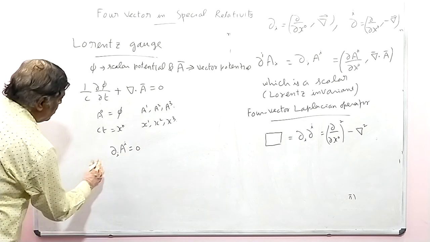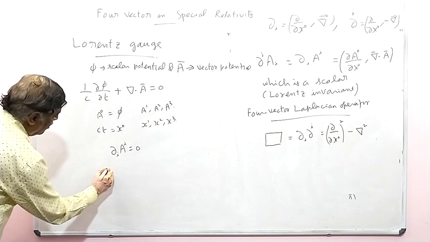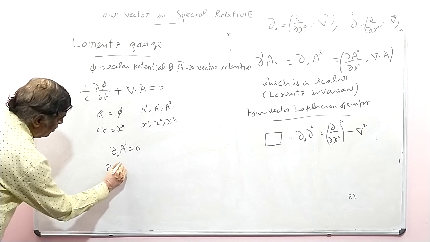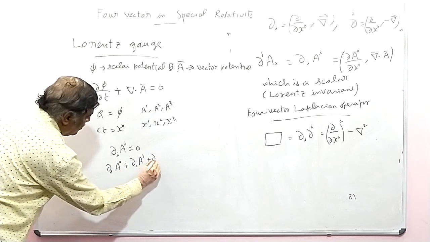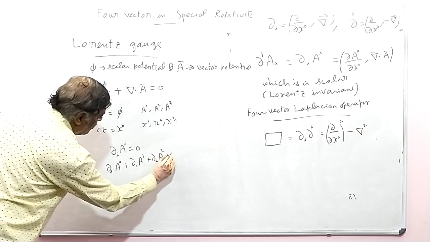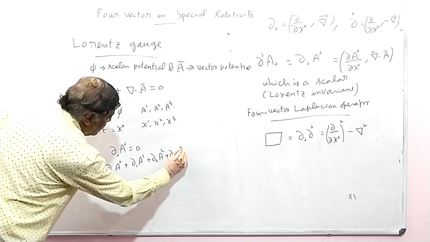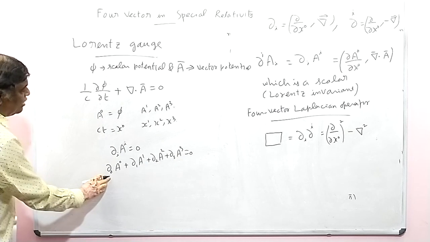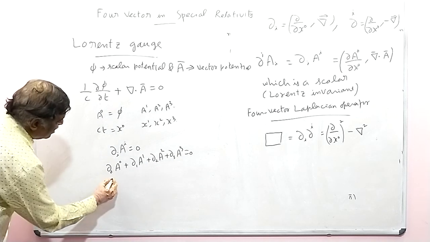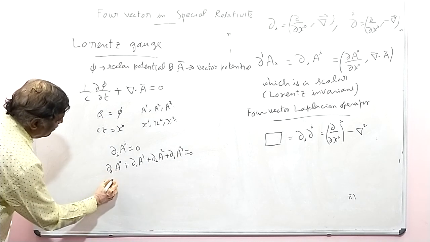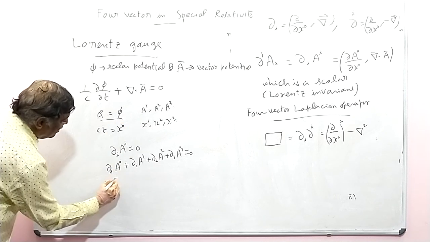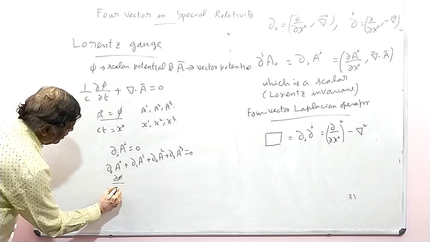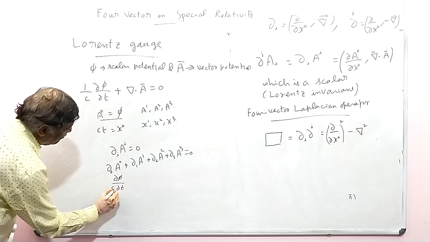So if you put i equal to 0, the first term is d0 A0, the second term is d1 A1 plus d2 A2 plus d3 A3, and this is a partial d by dx0, where A0 is equal to phi. So this is d phi by dt into 1 by c.